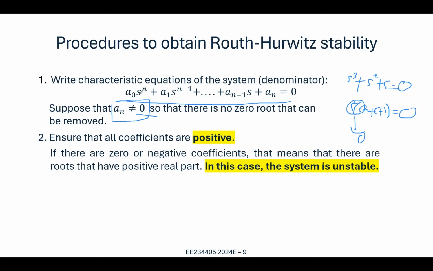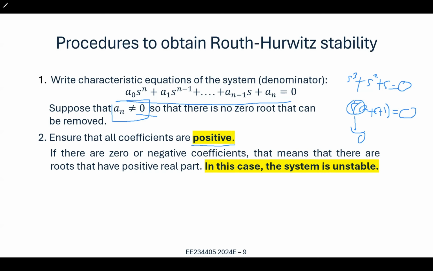So first, we write the characteristic equation. Second, we ensure that all coefficients are positive. This is important: if you have a zero or negative coefficient, that means that there are roots that have positive real part. In this case, the system is unstable.